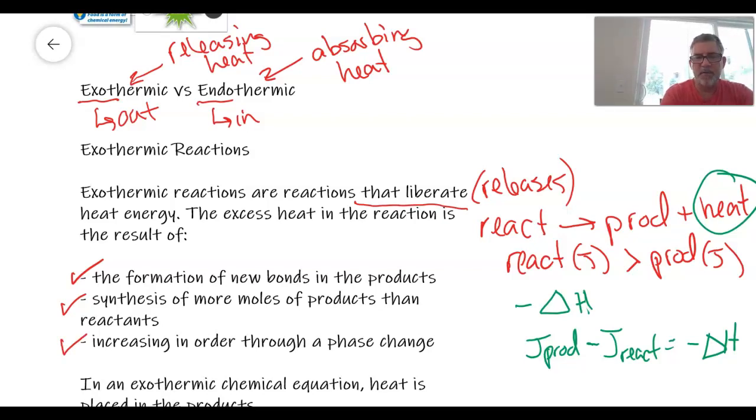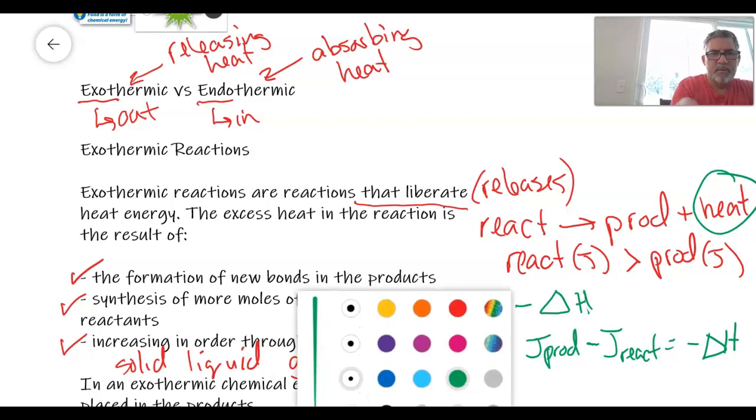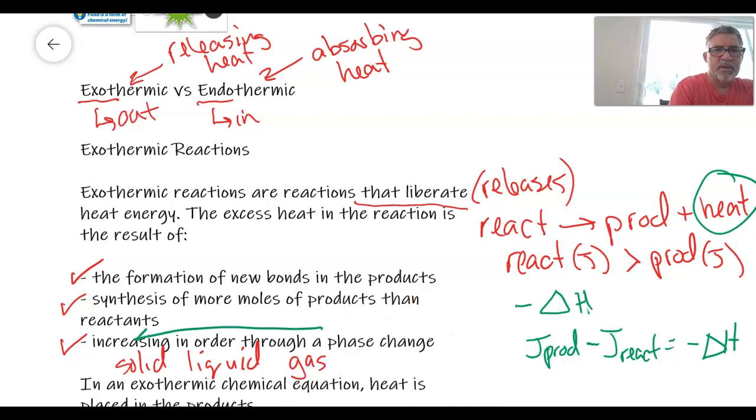So let's look at our phase changes. We have solid, liquid, and gas. So exothermic would be heading this way. That would be exothermic. So the phase changes, we would have right here, we would have condensation.